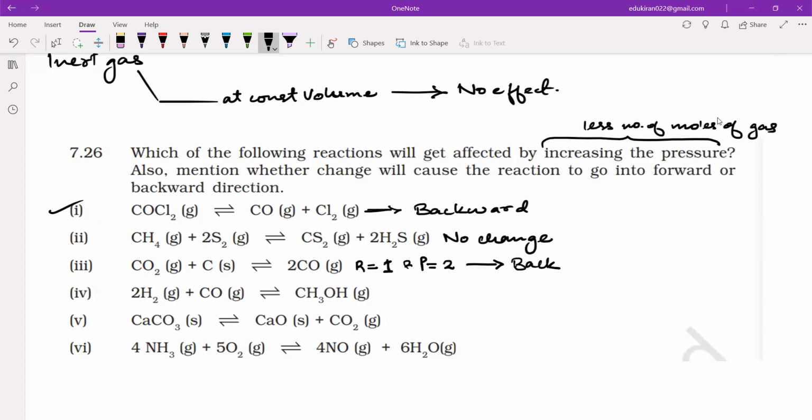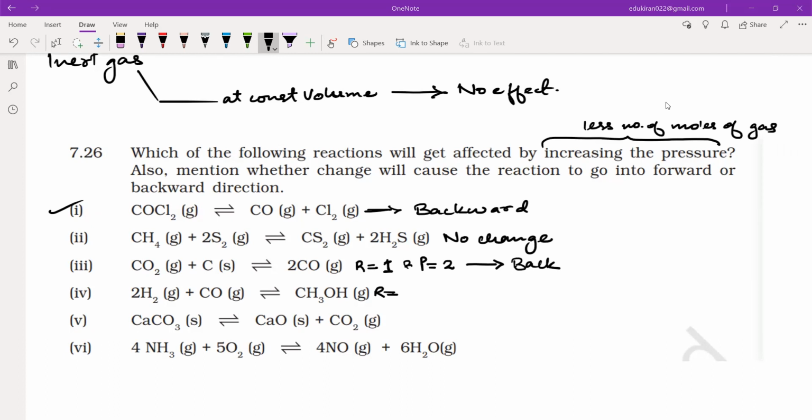Next is the fourth one. Change or no change? Tell me, how many moles of gases in the reactant? Why are you guys not seeing it? You just have to read it. Is it taking so long to count?